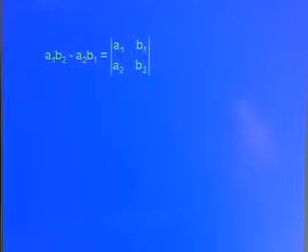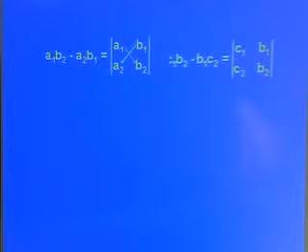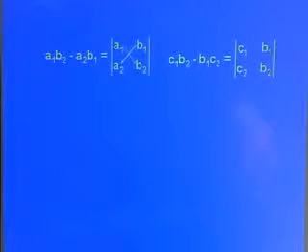This determinant is equal to the left hand side because one can very easily check that the left hand side is equal to a1 b2, this product, minus the product b1 a2. Similarly, one can write down the expression c1 b2 minus b1 c2.